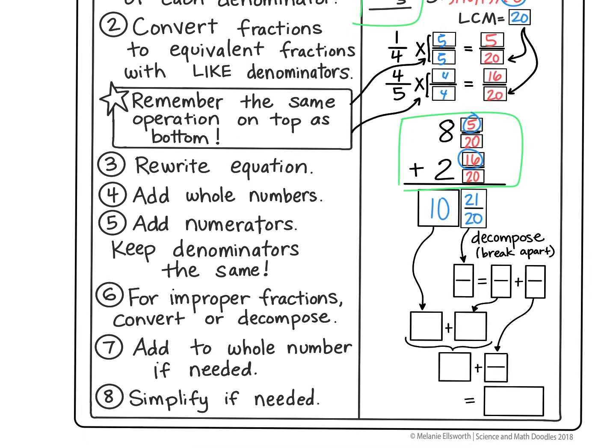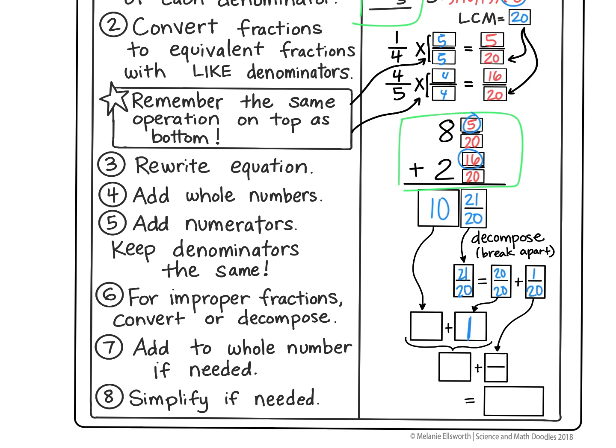It says for improper fractions, convert or decompose, which means break apart. So I'm going to break apart 21/20. I'm going to bring that down here. And what I'm really going to do is I'm going to pull out a whole. So what fraction represents a whole? 20/20, which represents one whole, which leaves me with what left over? 1/20.